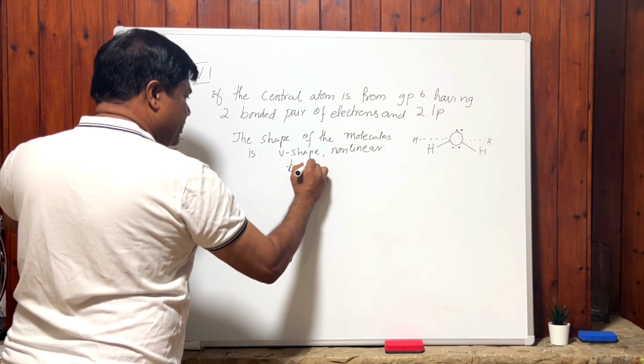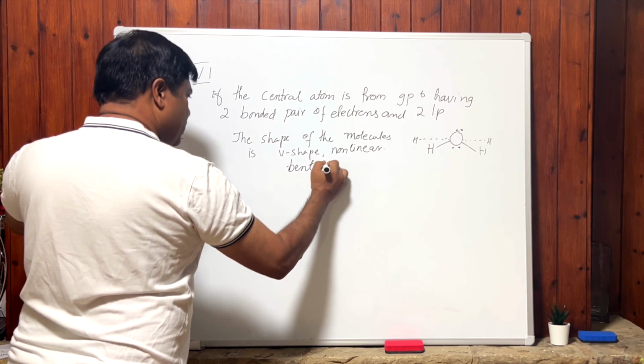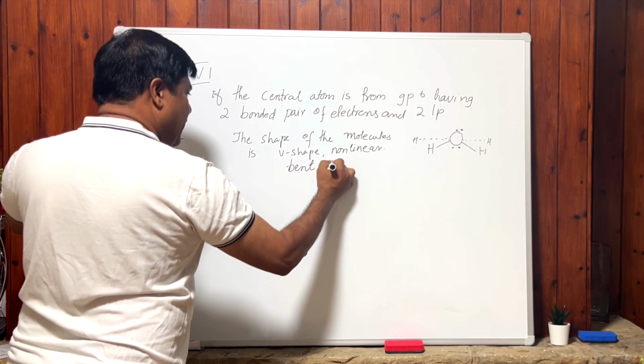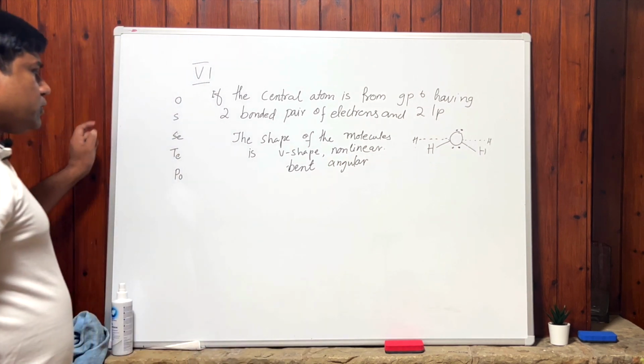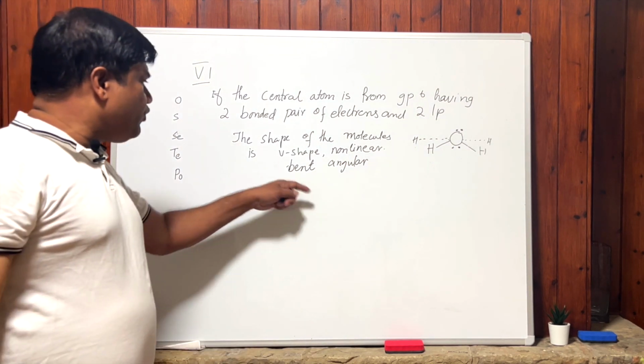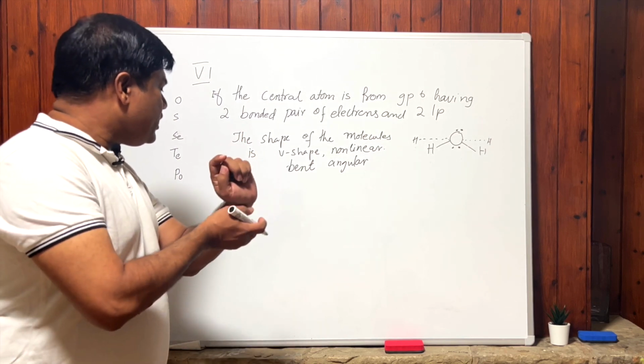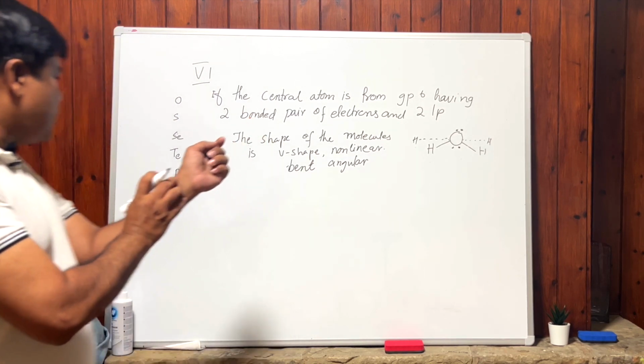I've seen in many textbooks bent, non-linear, V shape, and angular. If you're doing OCR and AQA, just mention bent or V shape.